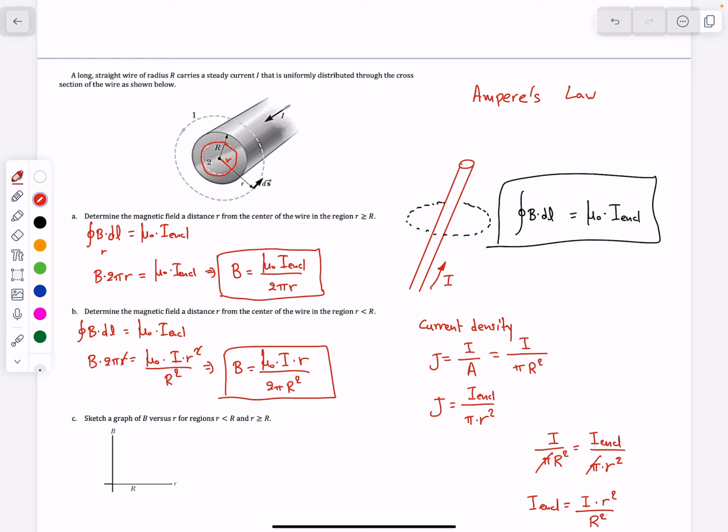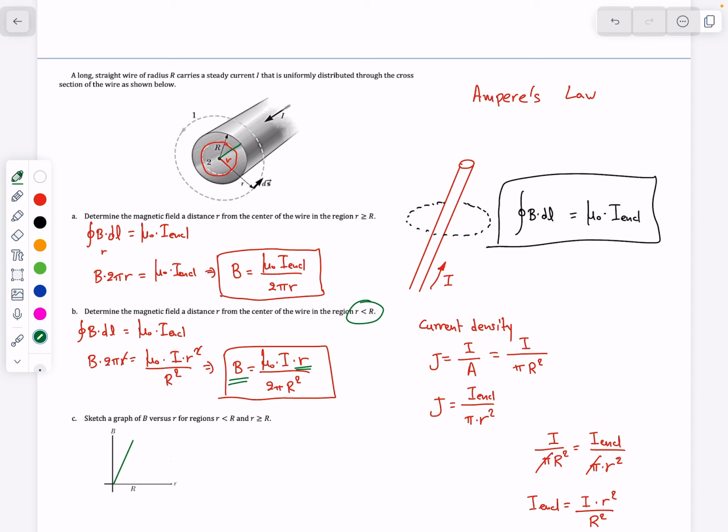And what this means is that inside the wire, the magnetic field is directly proportional to the distance away from the center. As the distance from the center increases, there is a stronger magnetic field. Linearly proportional means that the magnetic field will be increasing as a straight line.